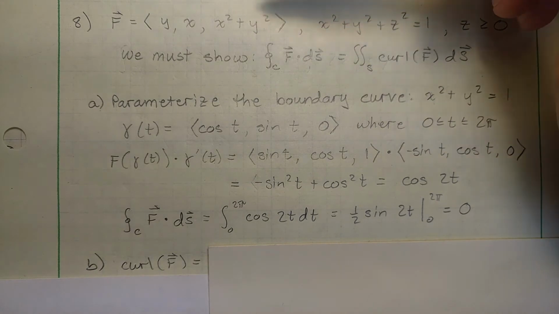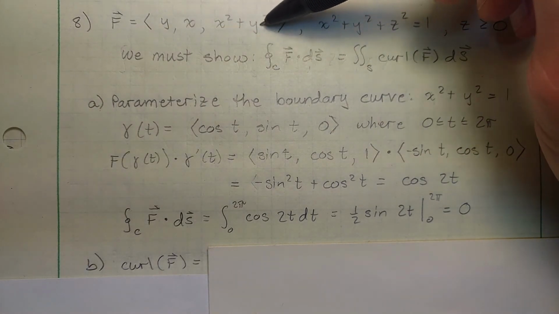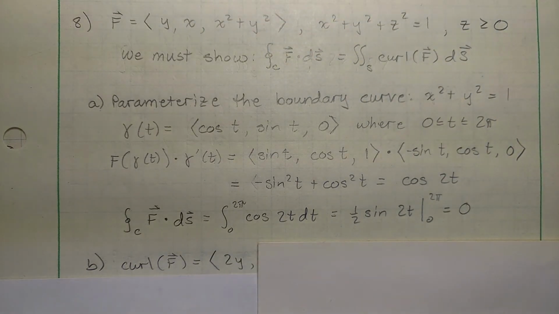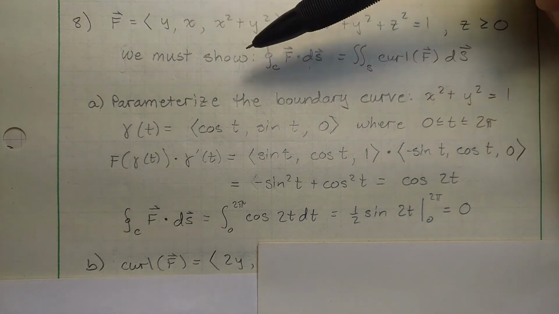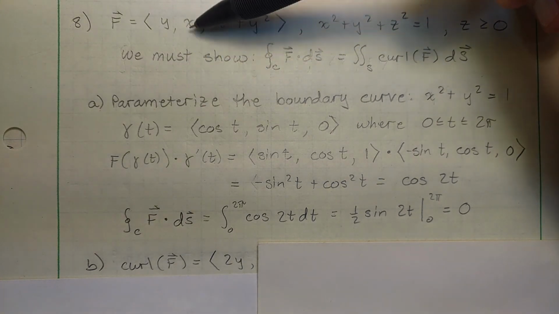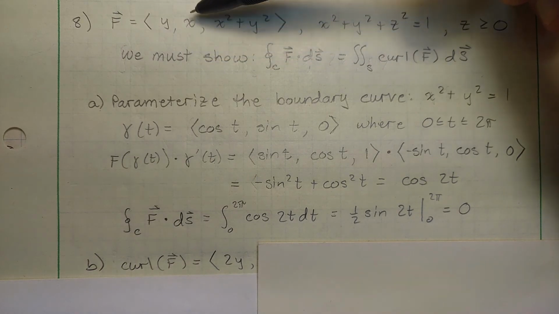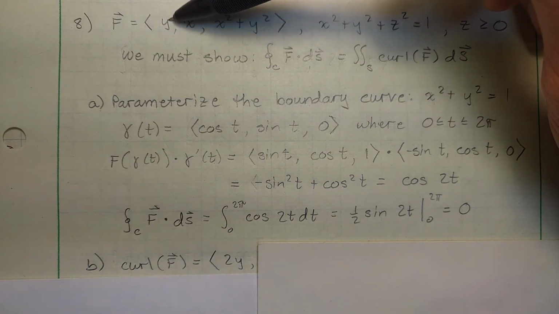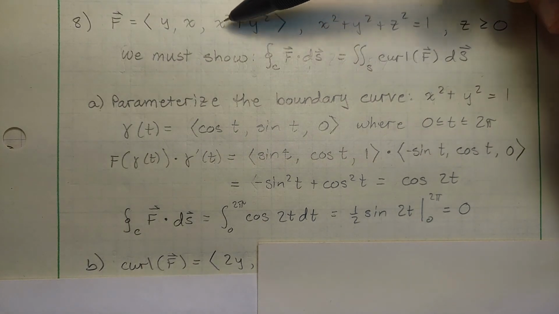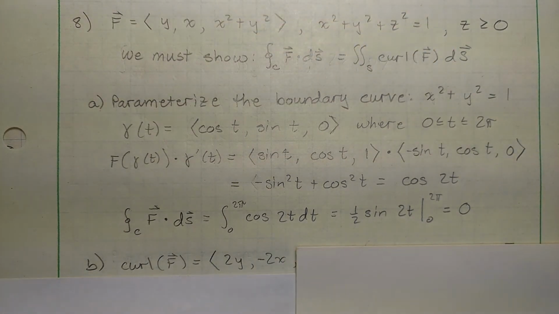What we'll do is take the derivative with respect to y of our first, which will be 2y, minus the derivative with respect to z of the second, which would be z, so we get 2y. Then, to get our y component, we won't take any derivatives with respect to y, and we have to reverse it. So we'll start with the derivative of y with respect to z, which will be 0. And then we subtract the derivative here with respect to x, which will be minus 2x.